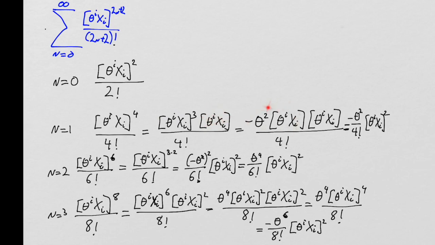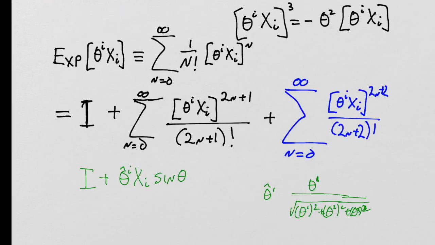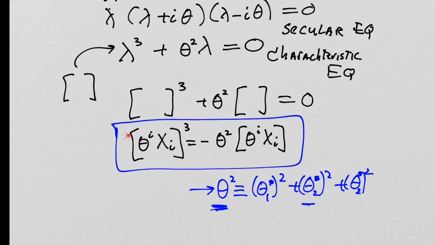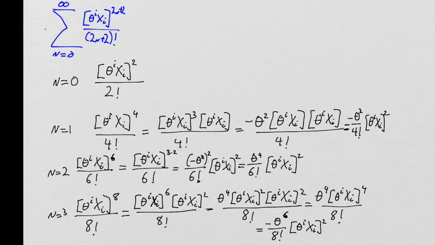The cube gets replaced using our Cayley-Hamilton theorem. This is, in case I didn't say it, the Cayley-Hamilton principle, the principle that a matrix, the Cayley-Hamilton theorem says that a matrix satisfies its own characteristic equation.